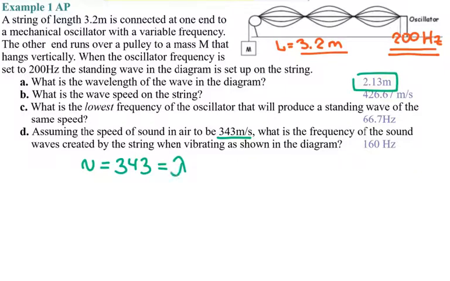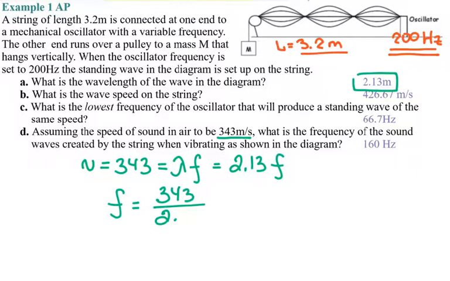So velocity is lambda times the frequency. Lambda is 2.13, as shown in the diagram. And they ask you the frequency. So the frequency for such a standing wave would be 343 divided by 2.13, and that gives me 160 hertz.